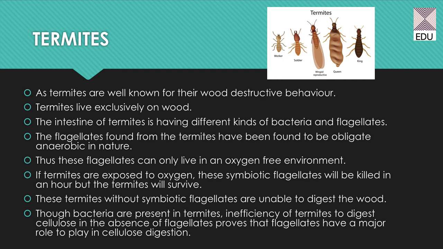So what has happened is that in an oxygen medium the flagellates will die, they will be killed, but bacteria are still present in the termites. The inability of the termites to digest cellulose in the absence of flagellates proves that flagellates have a major role to play in cellulose digestion, and not the bacterial fauna present in the intestine of termites.